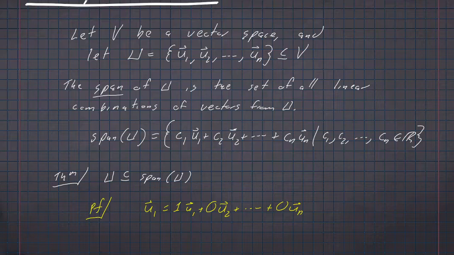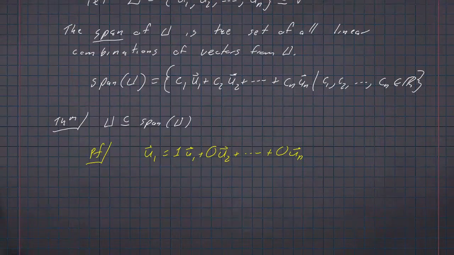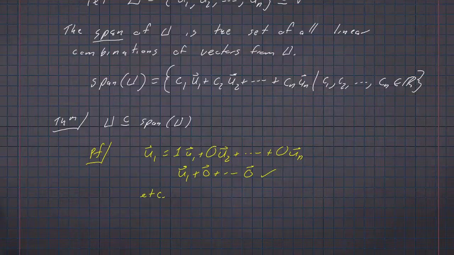Well, 0 times any vector is the 0 vector, 1 times any vector is that vector itself. So this is U1 plus 0 plus a lot more zeros, which is definitely U1. And you can do the same thing with U2.